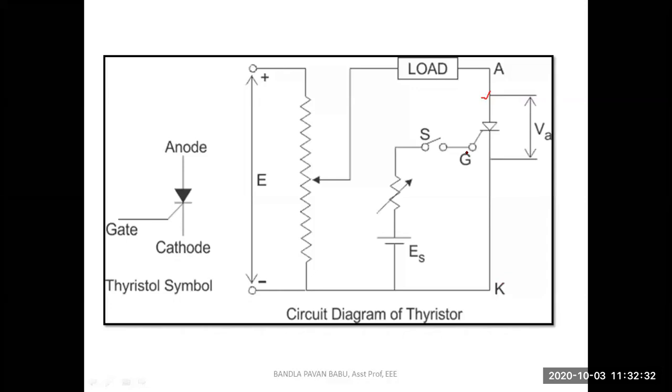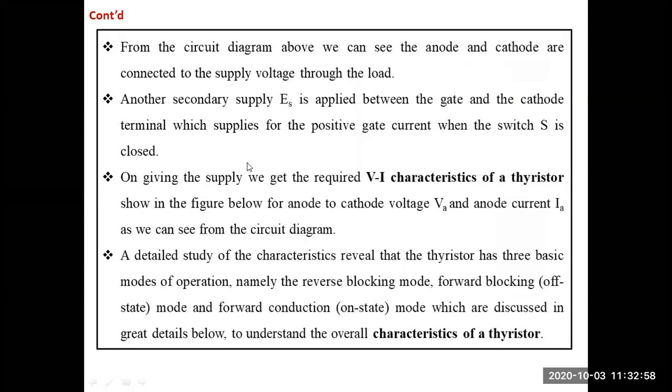Again, for the gate terminal, a source is connected through a resistance, and a manual switch is placed here in order to isolate the gate circuit. The source for the gate is ES, and it has a variable resistance and a switch.